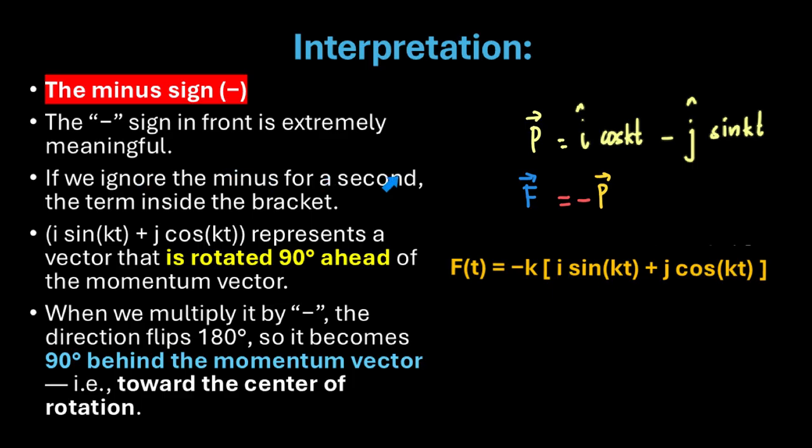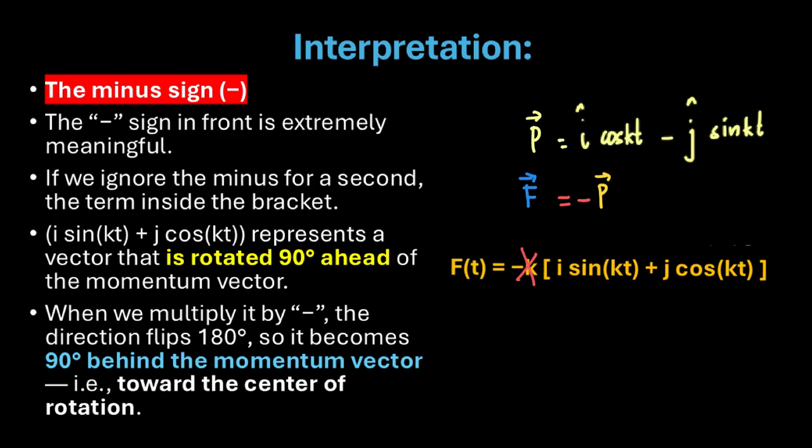If we ignore this minus for a second, the term inside the bracket, in the expression of F of t, is actually a vector which is the momentum vector rotated 90 degrees. Vector F without this minus k is vector p rotated 90 degrees ahead.